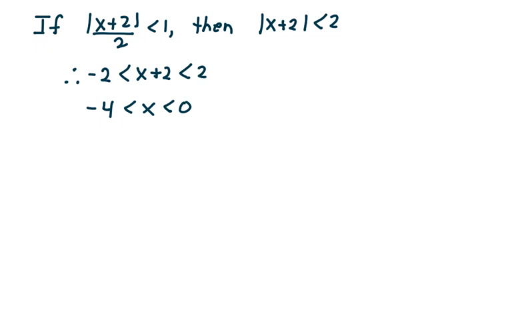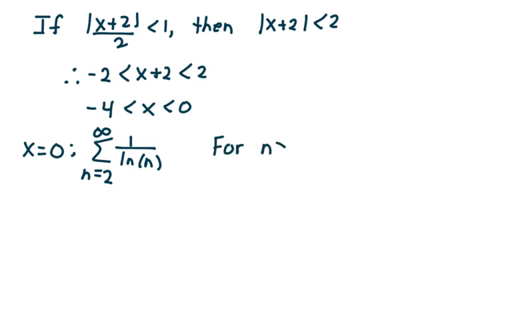We still got to test our endpoints. So I'm going to plug in x equals 0. And so this is the summation from n equals 2 to infinity of 1 over natural log of n. Now, here's what we got to keep in mind.